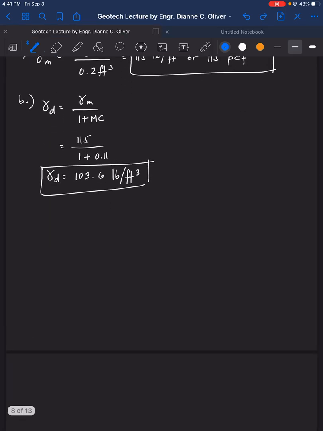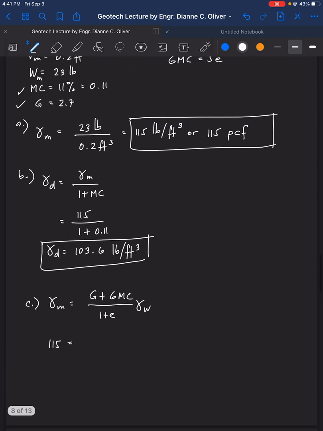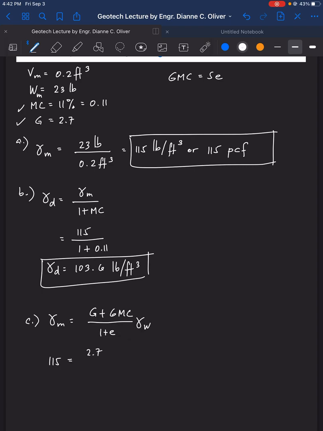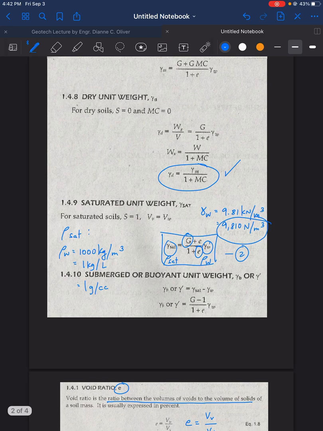So for the value of E, we can find it by using gamma M is equal to G plus G MC over 1 plus E gamma W. So gamma M is 115, G is 2.7 plus 2.7 times 0.11 for the MC, over 1 plus E, then gamma W. We are using English units here, we forgot to put that.